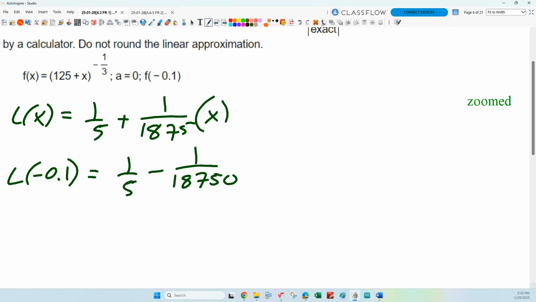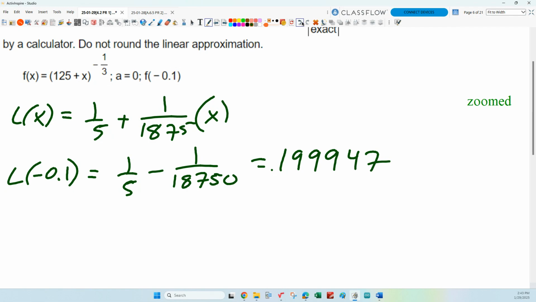Okay, what is that? If I take that out to 6 decimals, it's less than 0.2. 0.199999, how many nines? 3 nines and then 47.